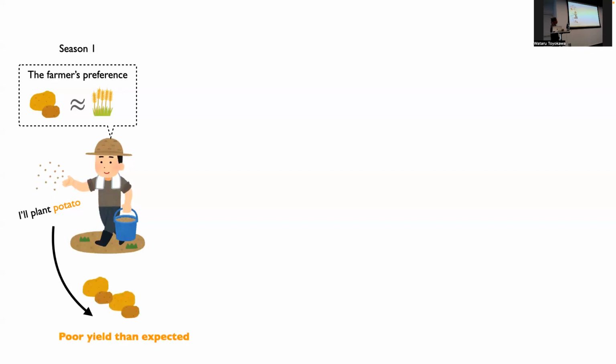So this is his action, and this action produces a result. He plants potato, and the potato produces some yield, but let's say because of bad luck or because potato isn't really suited to this environment, the result is a poor yield, unfortunately.